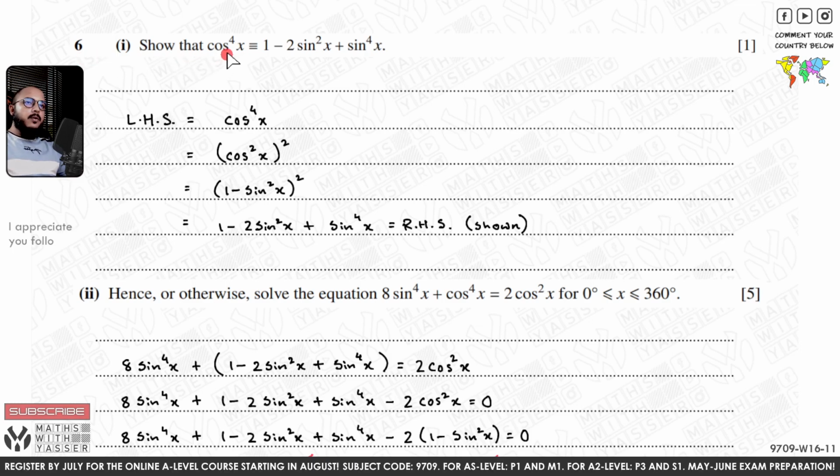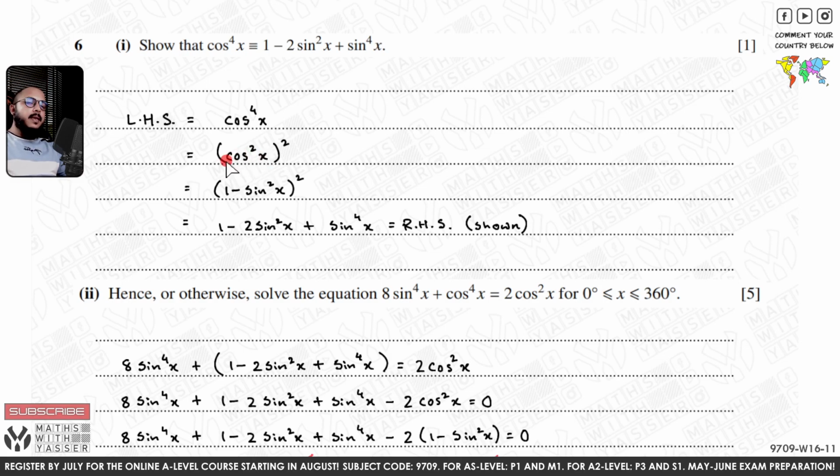Question number 6. Show that cos to the power 4x is identical to 1 minus 2 sine square x plus sine to the power 4x. So considering the left hand side, which is cos to the power 4x, cos x to the power 4, we can take the power 2 outside and make this (cos square x) whole square.